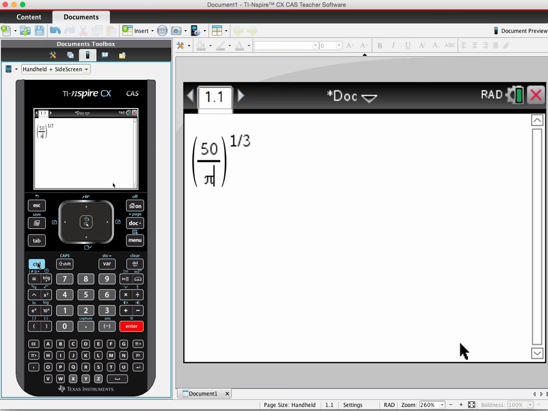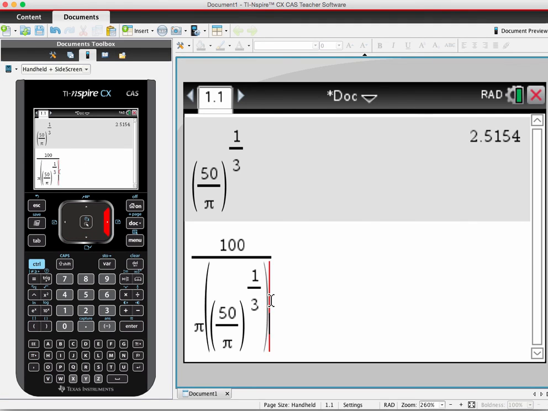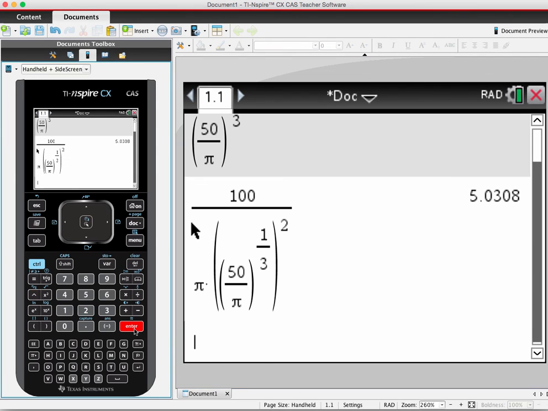If I approximate that, I get 2.5154. And then 100 divided by pi times that value squared, we're going to square that value for the radius and approximate it. We get 5.0308 as we found for the height before.